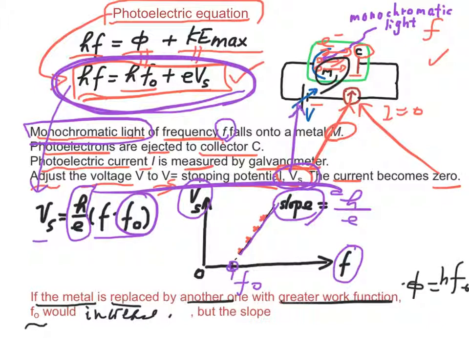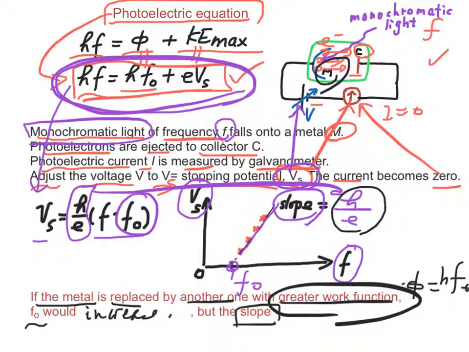However, the slope of the graph, h over e, remains constant. Therefore, the new graph would be like this one. It's a straight line parallel to the previous one, but with a greater threshold frequency.